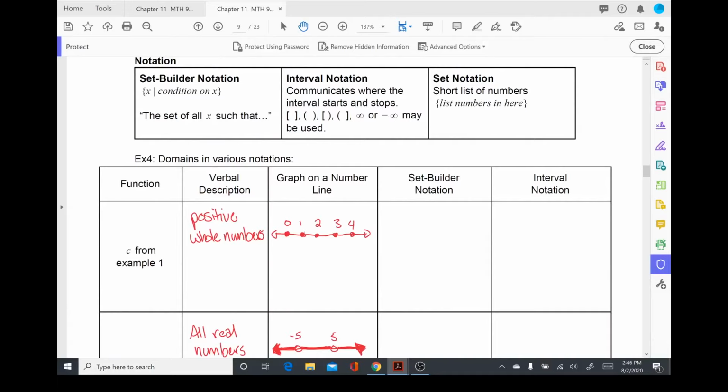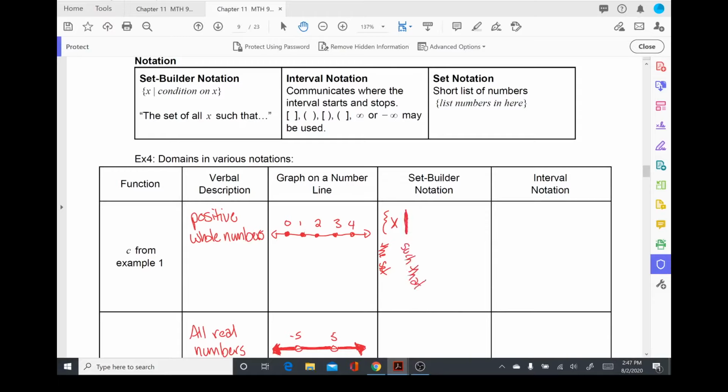Whoa, okay. In set notation, we'll start our work with a set bracket, and that is saying the set. And then we talk about who these are. These are x values. And we will say such that. Well, you know what?